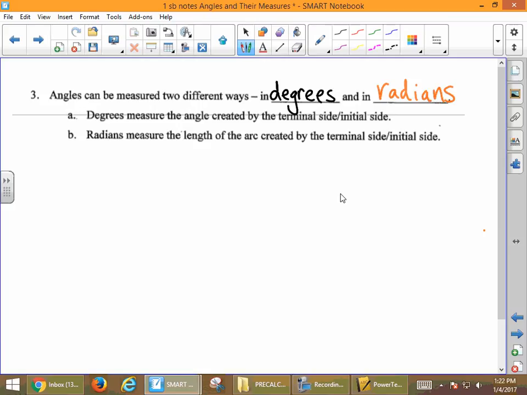Degrees measure the angle created by the terminal side and the initial side. Radians measure the length of the arc created by the terminal side and the initial side. So we measure angles just like we did in geometry, but radians are measuring the length of the arc.